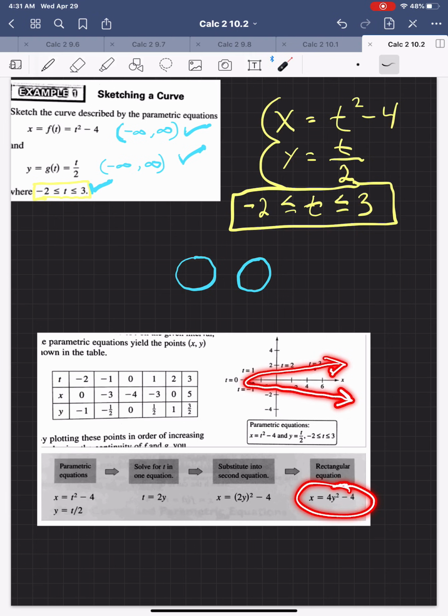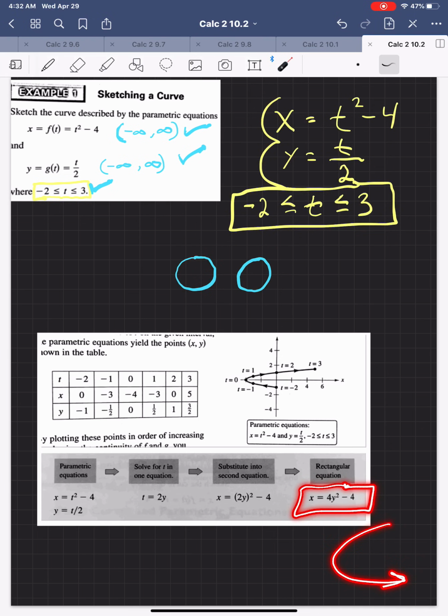You will agree with me that the graph that I just drew is not the same as the graph that we have. This is the true graph for this model, right? So you have to be careful going from parametric to rectangular because you need to restrict the domain, right? If you have a graph that looks like this, you're going to have to choose x values that will produce the exact same graph. Okay, that's the harder part.